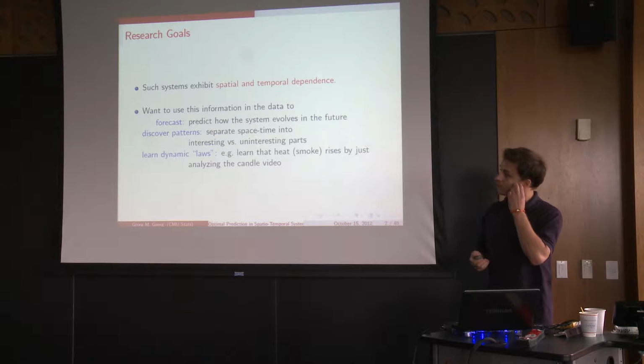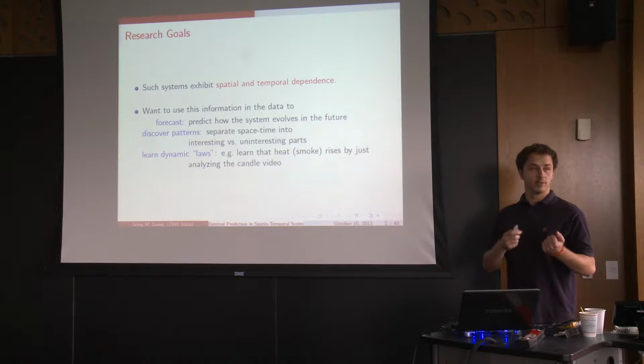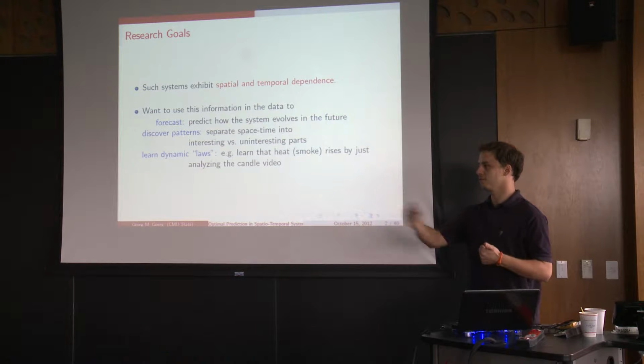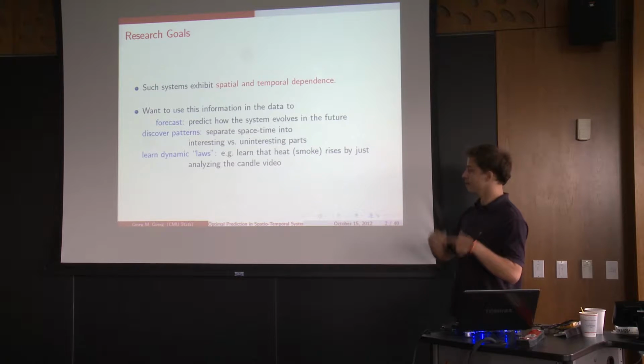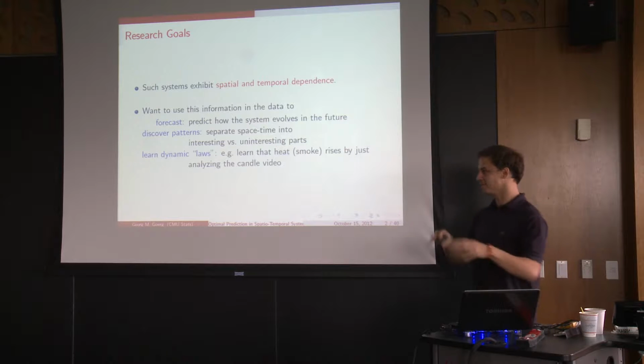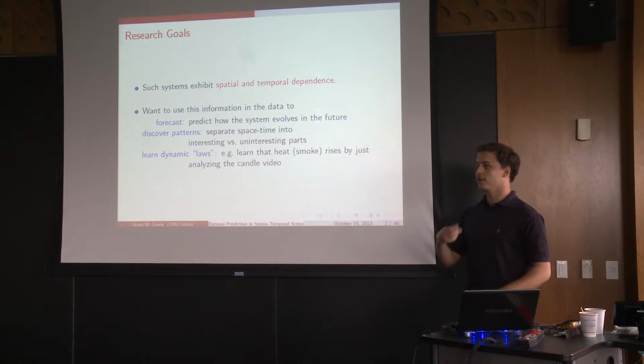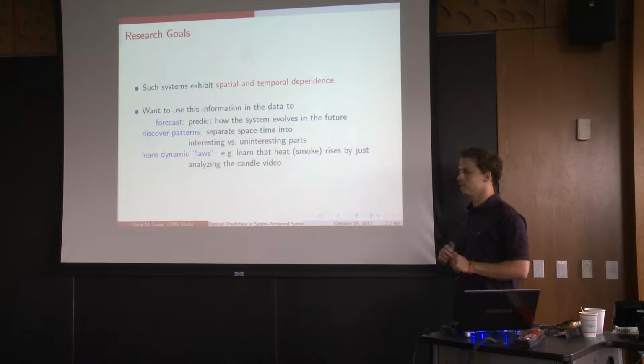So what can we do with this? We want to use the information in this data for 3 main reasons. One is to forecast, that means predict the system in the future. One is to discover patterns in the data. For example, there's smoke and there's background, there's a candle. And then we want to learn the dynamic laws given the data.